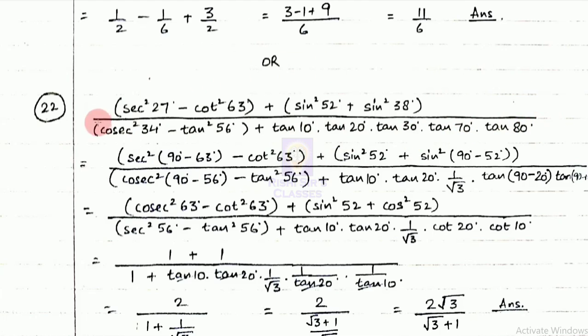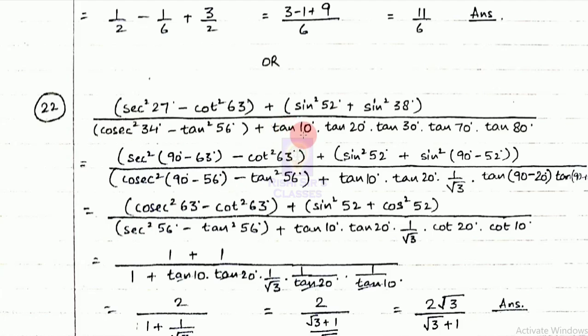In these type of questions, you need to convert one trigonometric ratio in terms of another by checking what type of relation is possible. Like in this case, we can convert sec in terms of cosec, and over here we can convert sin in terms of cos. We can convert cosec in terms of sec, and after that we can just simplify them.